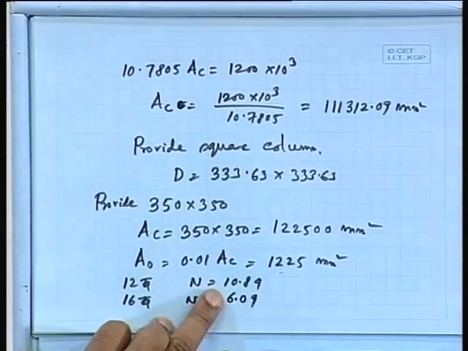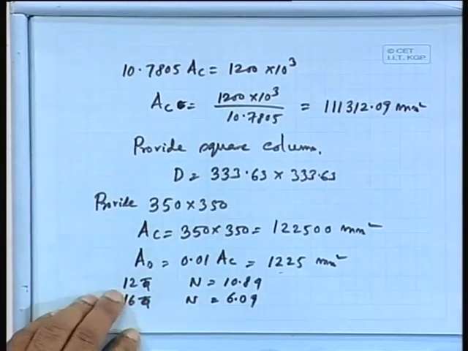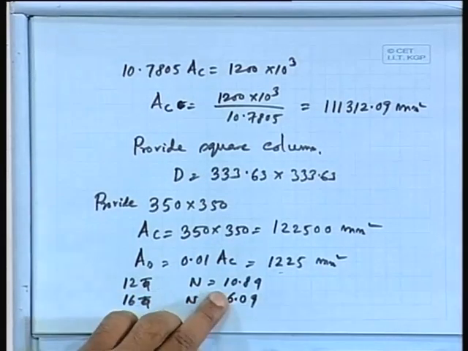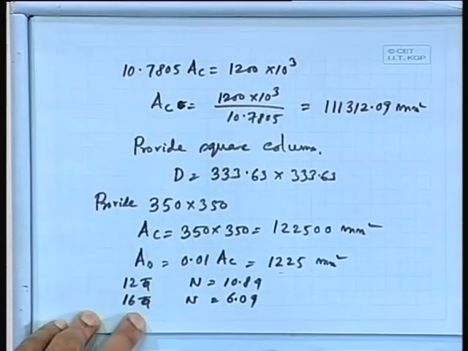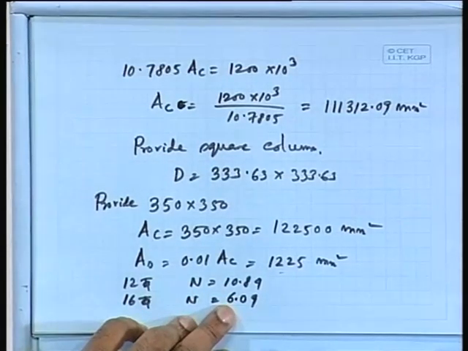What you have to do here, if we go for 12 torr, then we have to go at least 12 numbers, because 11 numbers we cannot provide. If we go for 16 torr, then 6 numbers is not possible, so at least we have to provide 8.